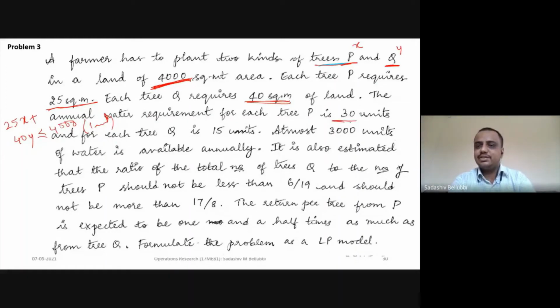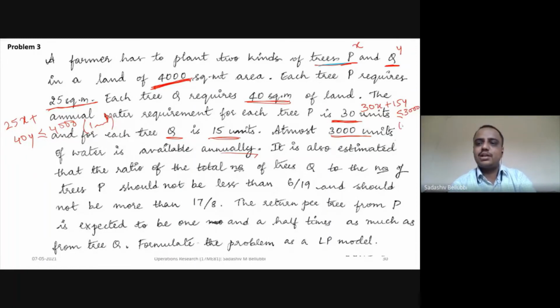The second one is the water requirement for the tree P is 30 units, and for the tree Q is 15 units. At most 3,000 units of water is available annually. So clearly they have given the statement that is 30x plus 15y should be lesser than or equal to 3,000.